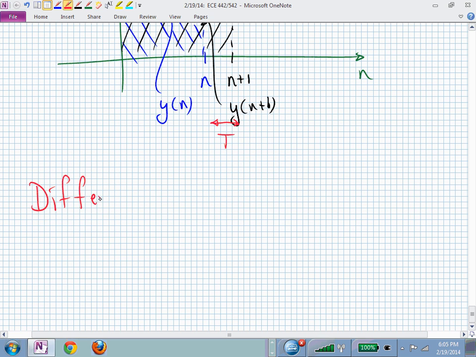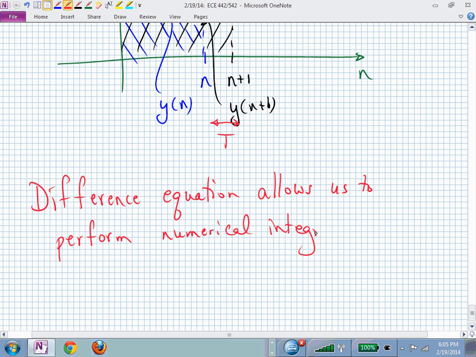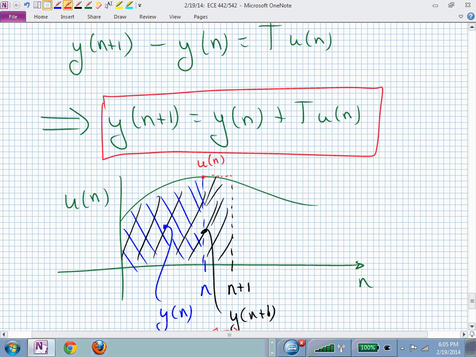But we've now shown that we have a difference equation that allows us to perform this numerical integration. And maybe it's easier to multiply and sum versus having to compute this integral in the continuous time waveform.